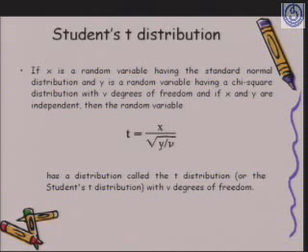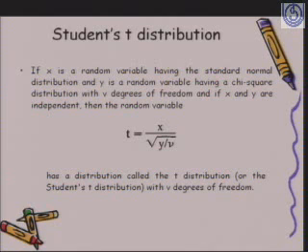So if x is a random variable having the standard normal distribution and y is a random variable having a chi-square distribution with nu degrees of freedom, and if x and y are independent, then the random variable t is equal to x divided by under root (y divided by nu). Again, I emphasize that x is a standard normal variate and it is divided by the under root of a chi-square variate.